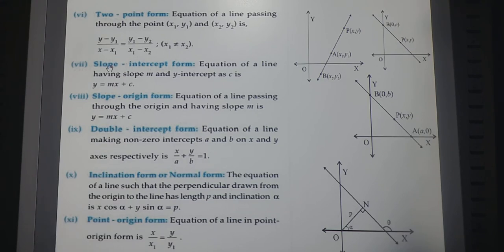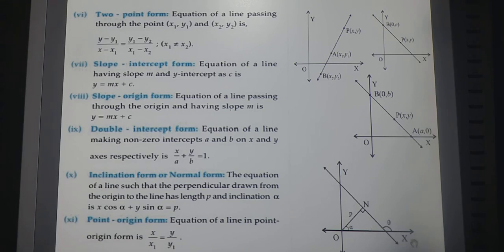Next form is the inclination form or normal form. Generally we call it normal form. The equation of a line such that the perpendicular drawn from the origin to the line has length p and inclination alpha is x cos alpha plus y sin alpha equals p. Here the line is given.